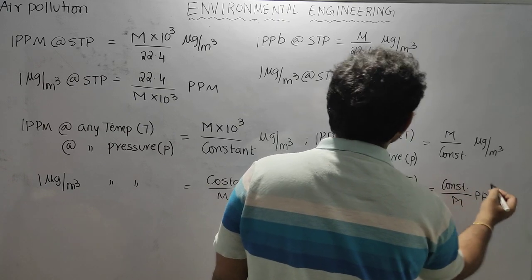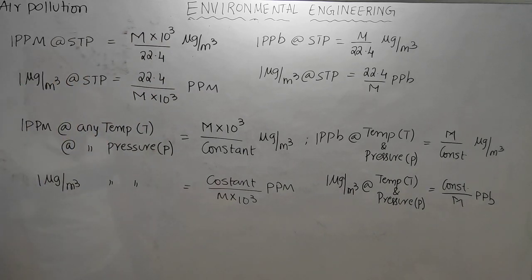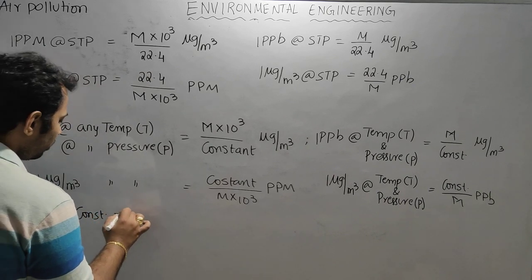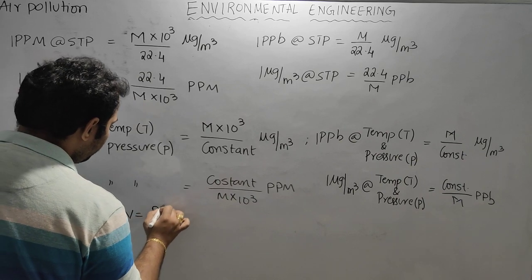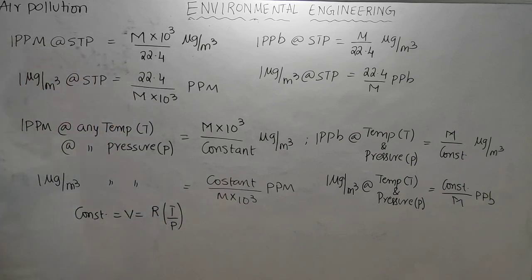Then what is this constant? Everywhere I am writing it as constant. What is that constant? That is not 22.4. The constant is nothing but volume, which I have defined using the T by P multiplication factor. That is nothing but 82.